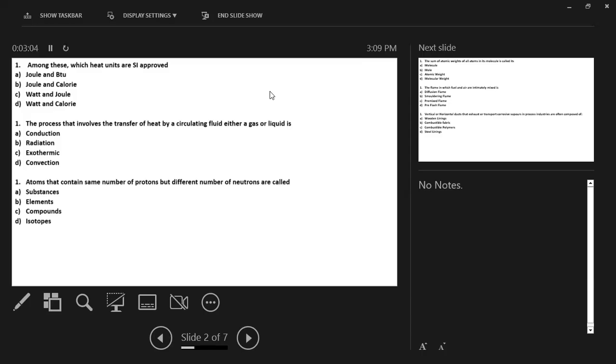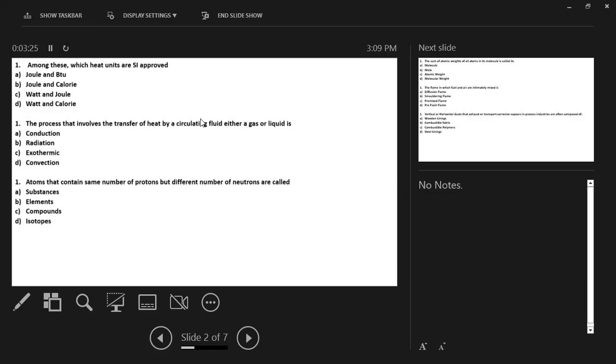Raji is again the top. Watt and joule. Watt and joules are the SI approved ones. Joule, heat unit, heat raised by 1 degree. Watt, amount of energy released. These two are approved SI units. BTU and calorie are just a type of, you can say, offset of joule. So they are not approved SI units.